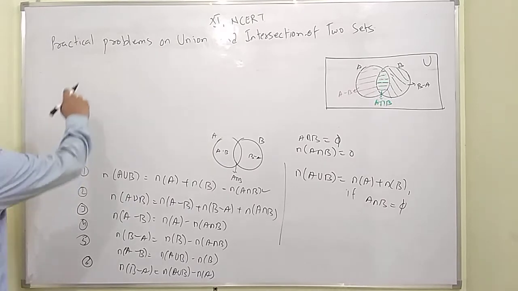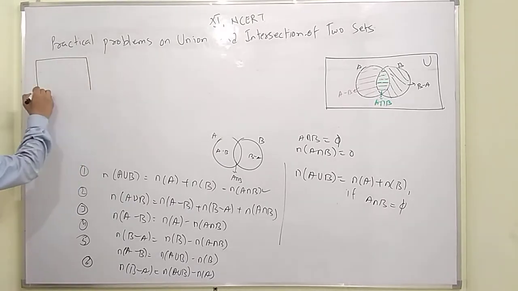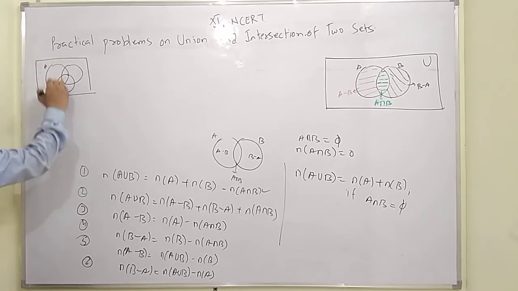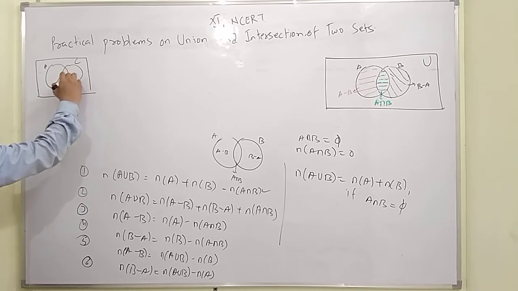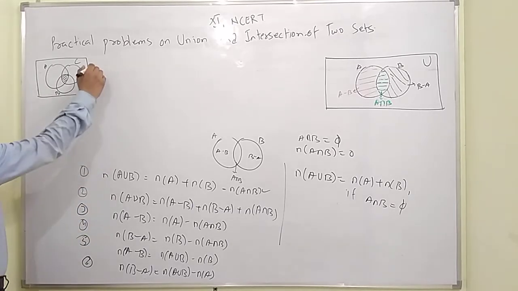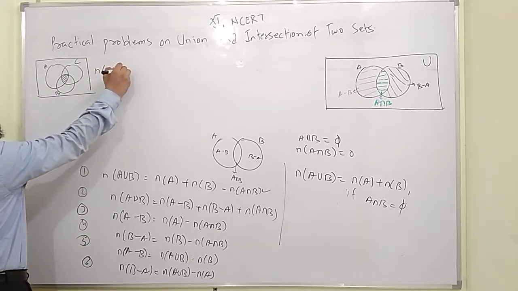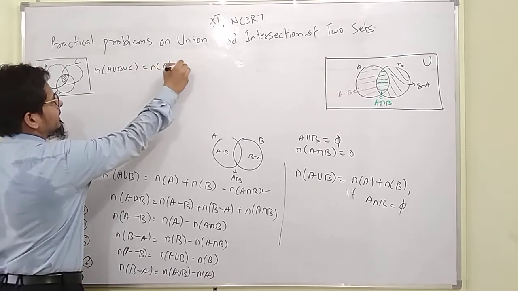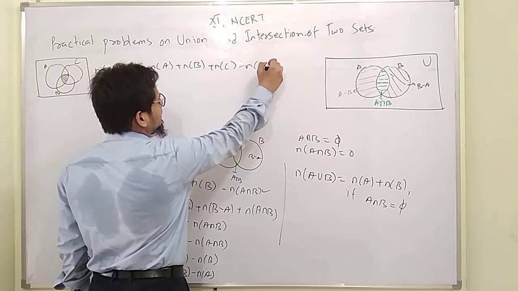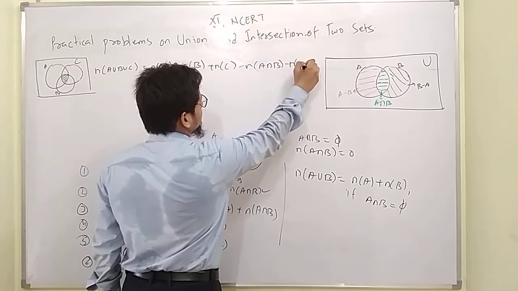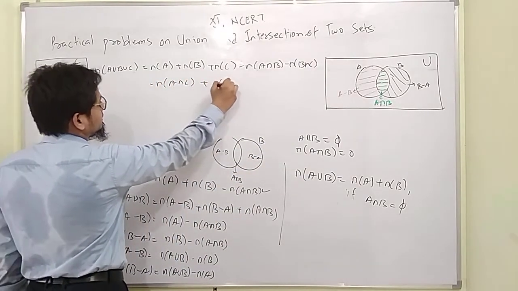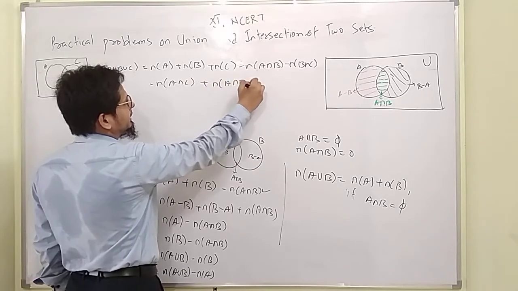Now class, another result I am writing. If we take three sets A, B and C, and this is the common part, this figure represents A intersection B intersection C. So now I'm writing the formula: n(A union B union C) is equal to n(A) plus n(B) plus n(C) minus n(A intersection B) minus n(B intersection C) minus n(A intersection C) plus n(A intersection B intersection C).